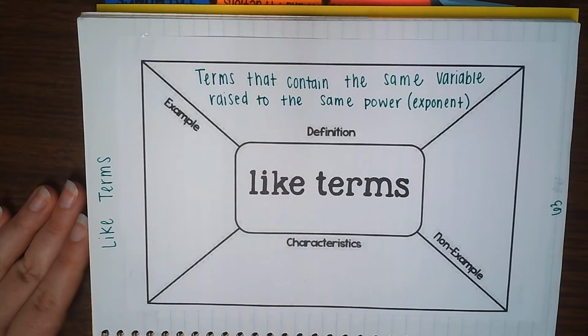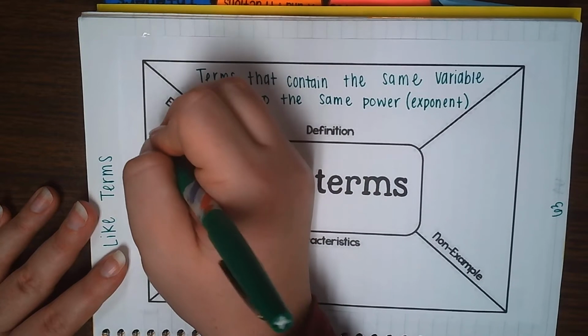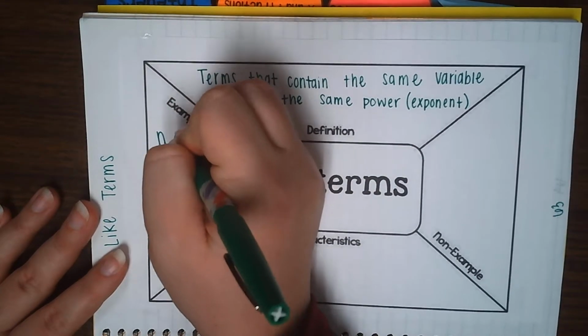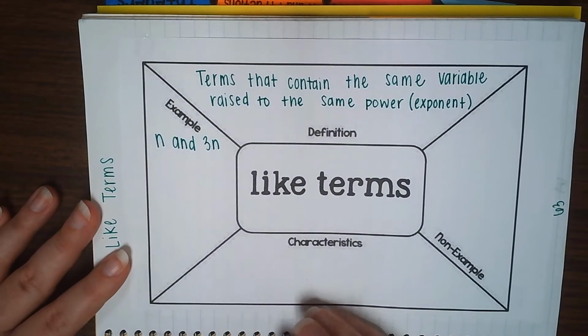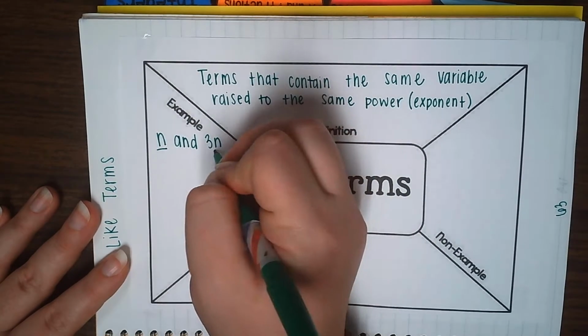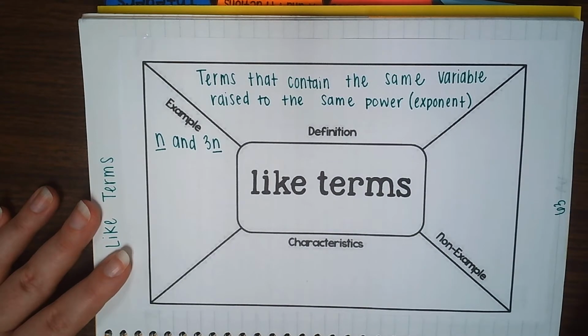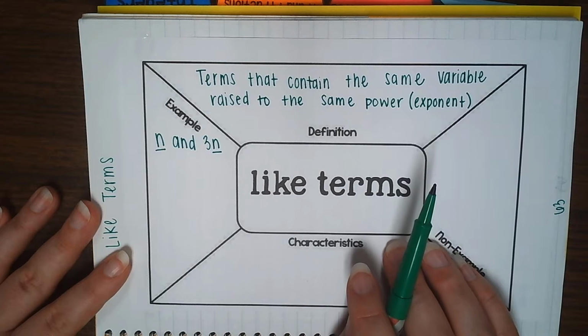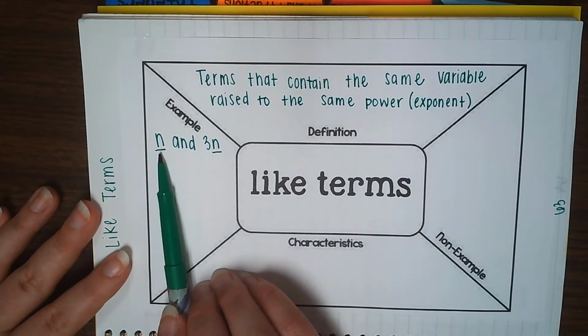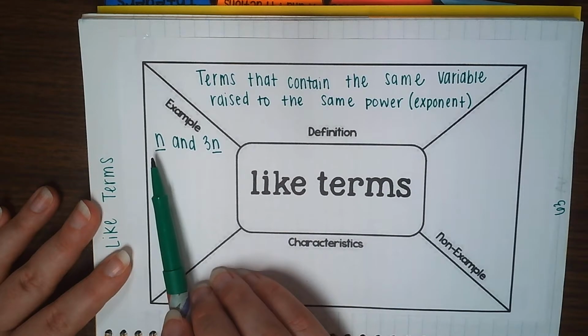So some examples would be n and 3n. They both have the n, so they are like terms. It doesn't matter what their coefficient is. Now I want you to remember, even though this n doesn't have anything in front of it, it has an imaginary 1.